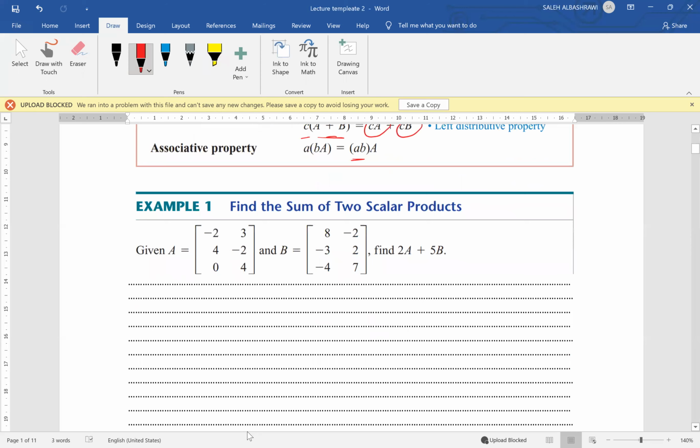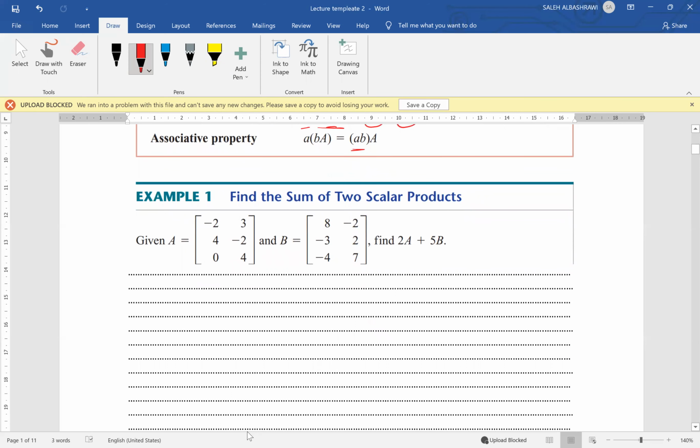As a direct application of this definition and these properties, we are given two matrices A equal to minus 2, 3, 4, minus 2, 0, 4, and a matrix B, 8, minus 2, minus 3, 2, minus 4, and 7.